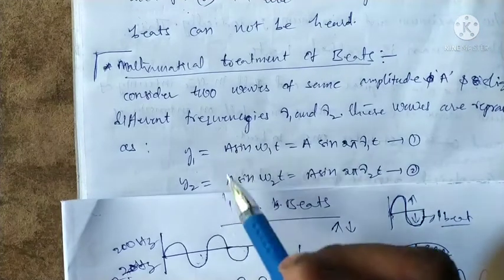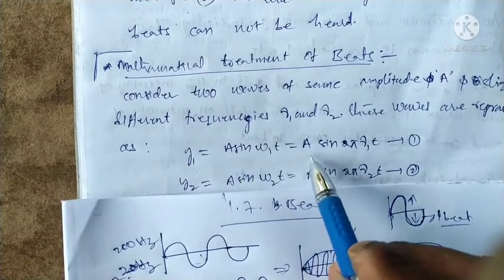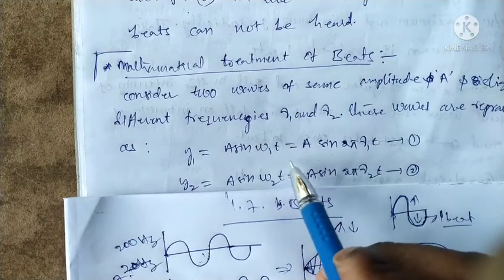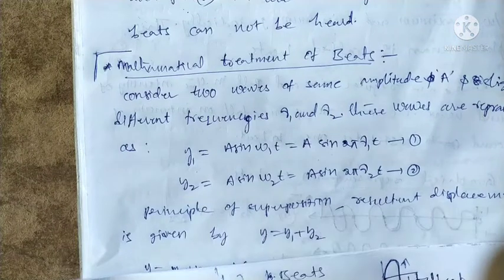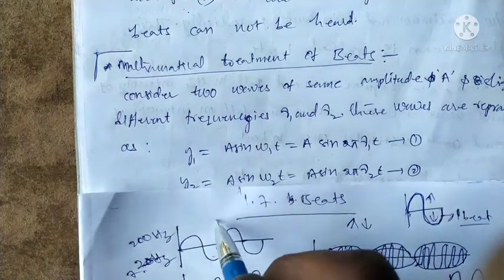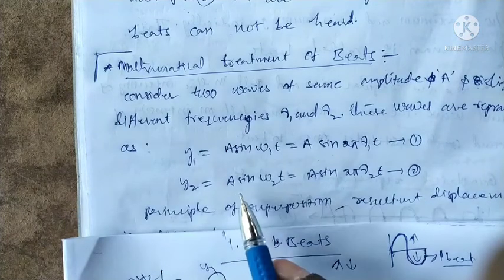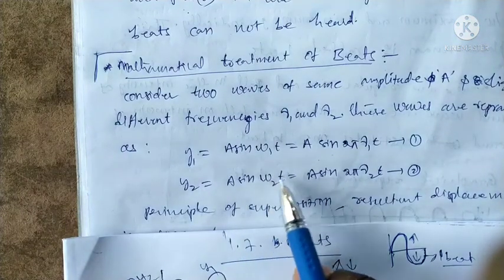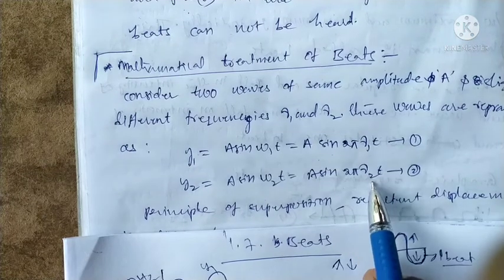We can write the displacement wave equations. The first wave is y1 equals a sin omega 1 t. The second wave is y2 equals a sin omega 2 t, only changing omega, meaning frequency.